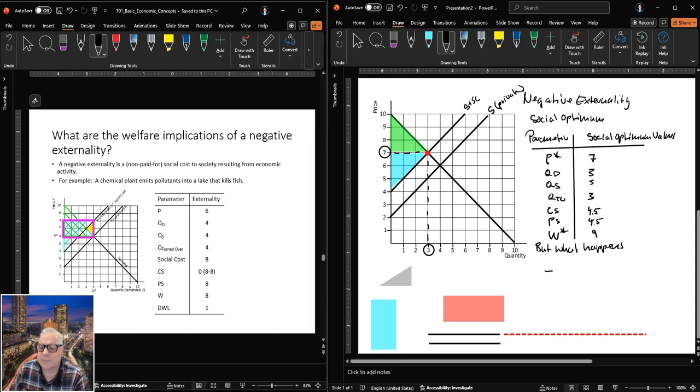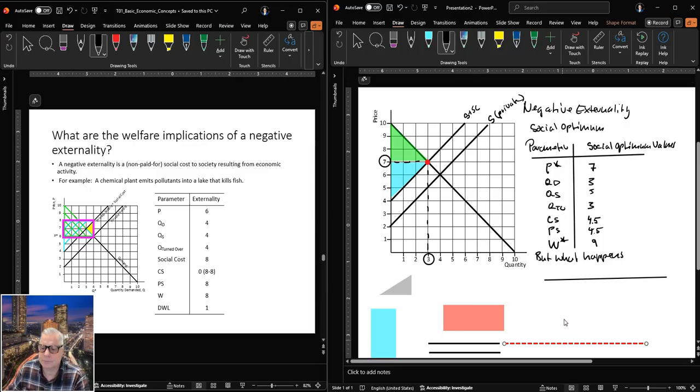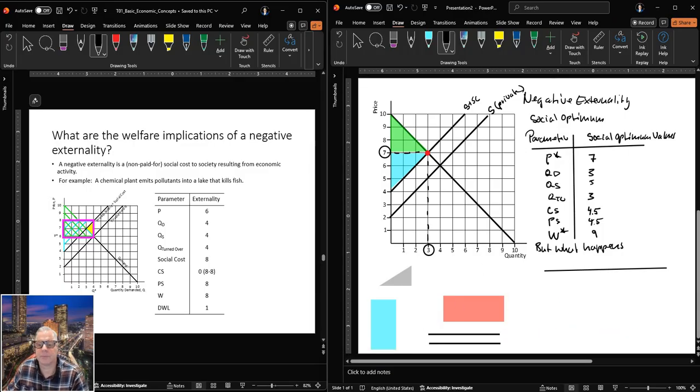So these are the parameters associated with the non-social optimum, or negative externality scenario.